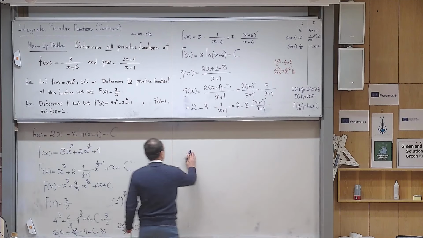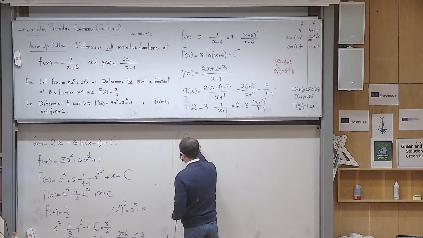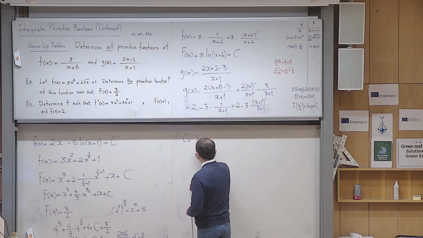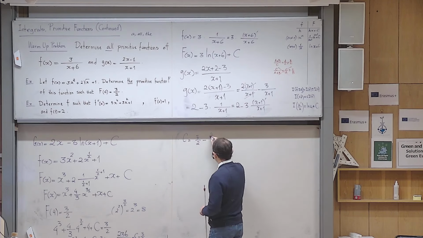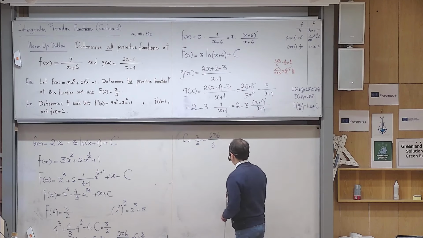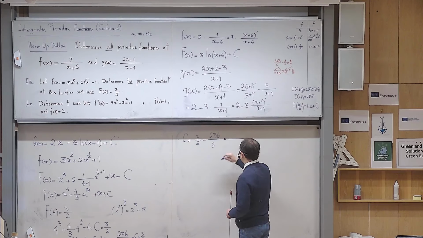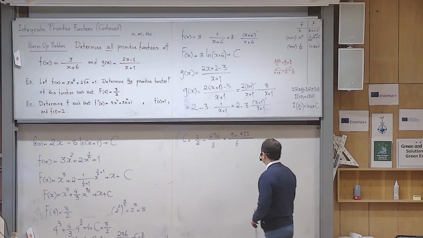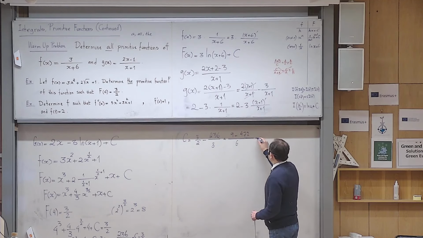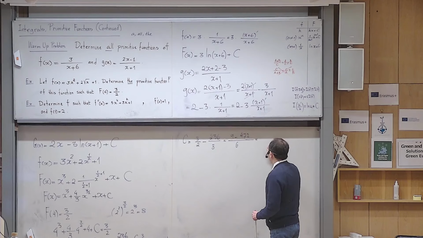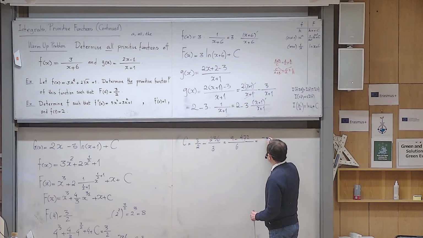So what is c? 3 over 2 minus 236 over 3. And of course, if I take the common denominator, which is 6, that is 3 times 9, that is 2 times, is 472. So what is that number now? Minus 463, am I right?